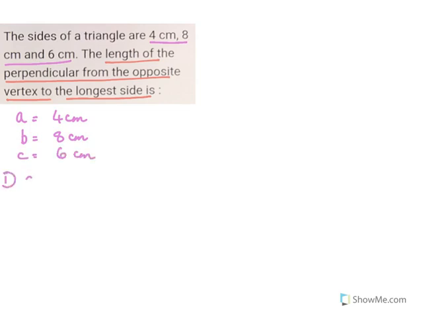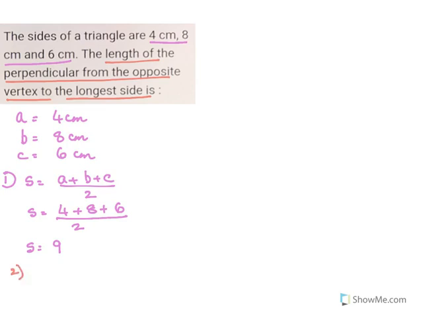First step is to find the semi-perimeter: A plus B plus C divided by 2, which is 4 plus 8 plus 6 divided by 2, and your S now turns out to be 9.